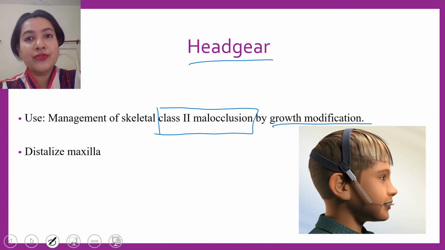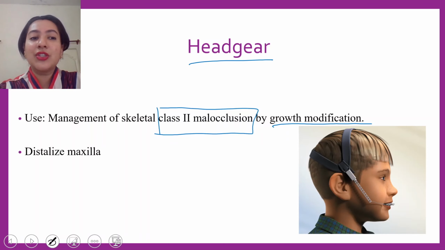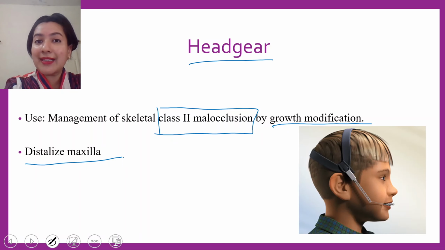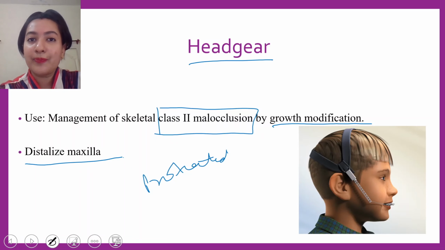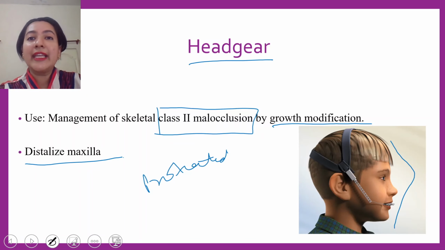So it makes use of the growth, therefore we can bring about growth modification. So it is used in distalizing the maxilla. Why? Because my maxilla was protracted, it was protruded ahead. As a result, there was a convex profile in the patient, giving a class 2 malocclusion.